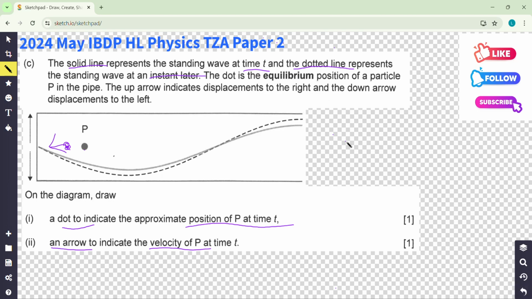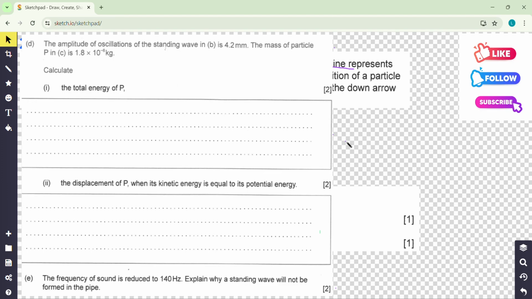Okay, look at the next part. The next part is about calculation. First, look at the question. The question asks about the total energy. What is given? They give you the amplitude of oscillation, and they give you the mass. So mass, you should use kinetic energy, right?